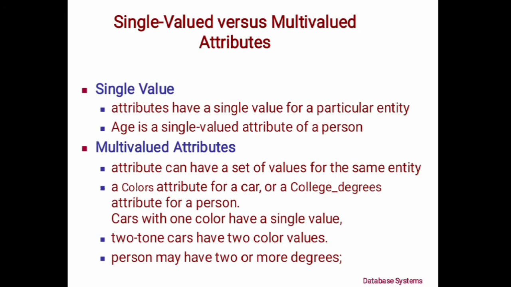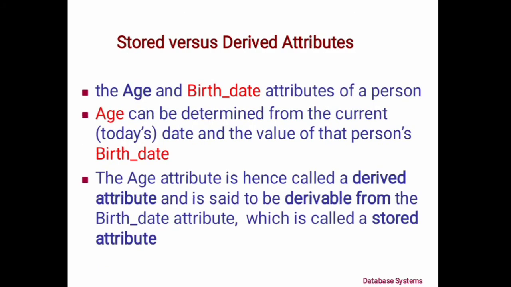Listen, composite attributes and multi-valued attributes are totally different. A composite attribute means an attribute consisting of sub-attributes, whereas a multi-valued attribute means one attribute having many values. These are the two differences.